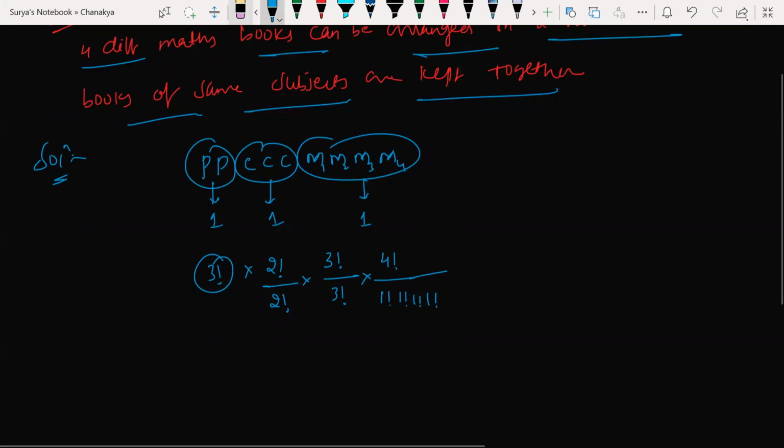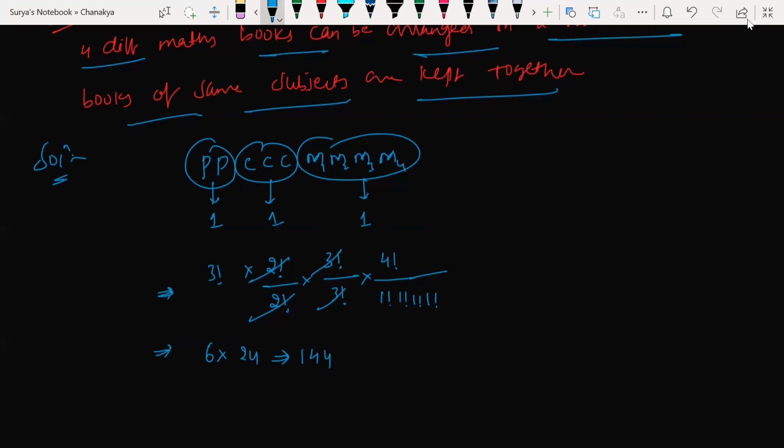Those who are absent, it might be a completely new topic for you, so make sure you are revising the notes. So 3 factorial, 3 factorial, 2 factorial, 2 factorial get cancelled. 3 factorial gives 6, 4 factorial gives 24. 24 times 6 is 144.